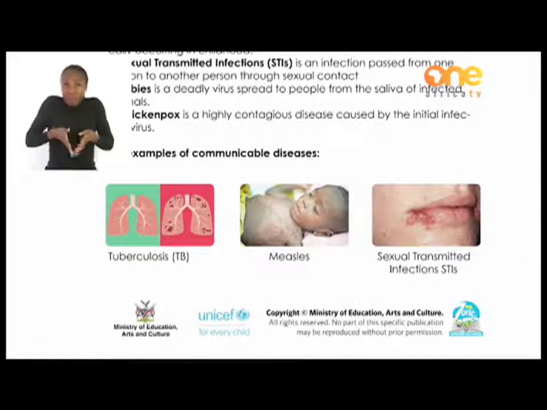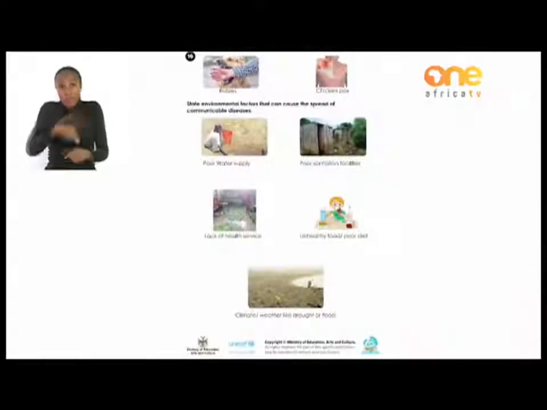Let's turn on page 16. Continuing with the communicable diseases, we have rabies. You will have a fear of water, and you will also be a violent person. And lastly, there is chickenpox.